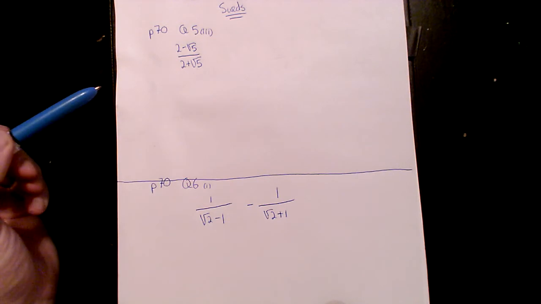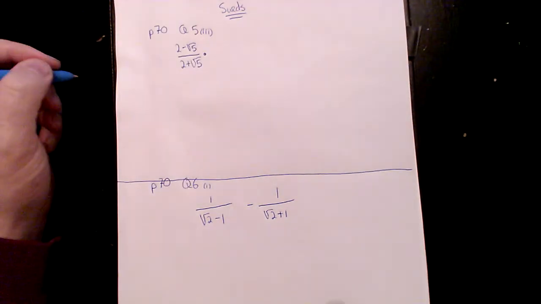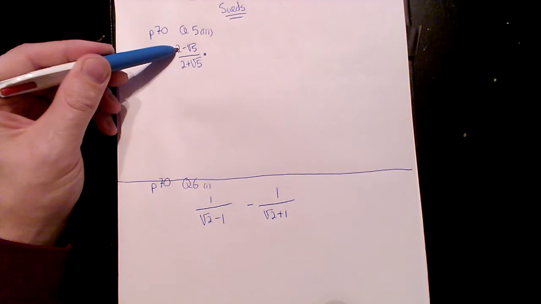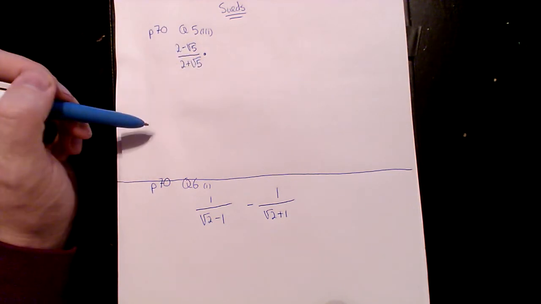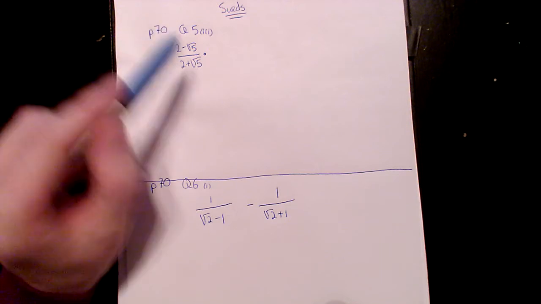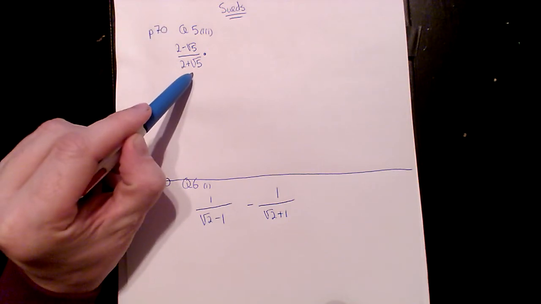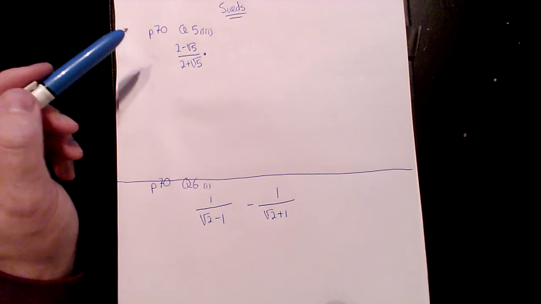Okay, so what we do here is we will multiply the denominator and the numerator by this, but we're going to change one of the signs. We know that when we take this, change one of the signs and multiply by what we've changed it to, it'll give us just a real number.